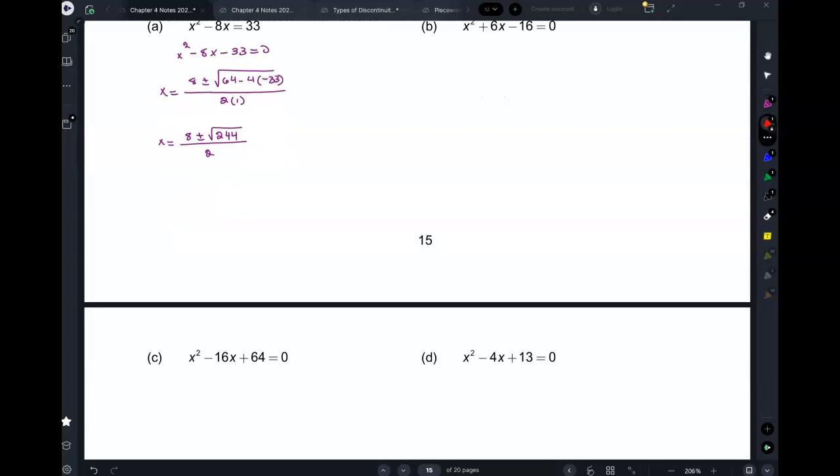Now, 244, right? Now look. A number like 244, you should be able to simplify without a calculator, right?